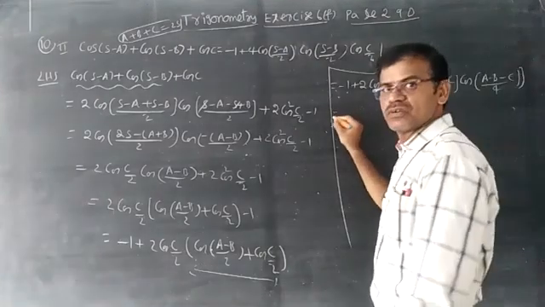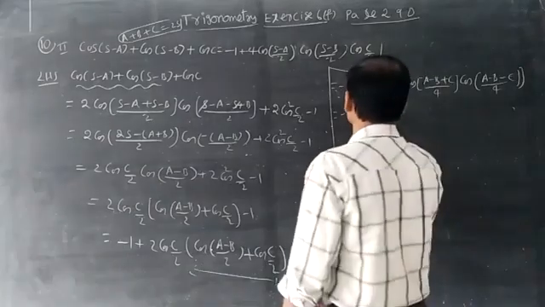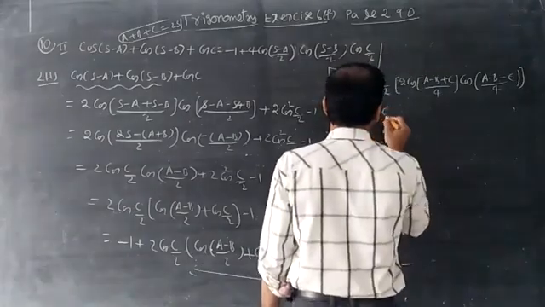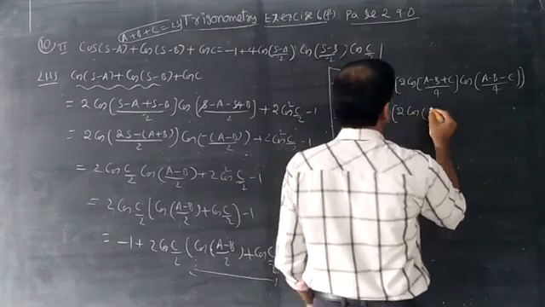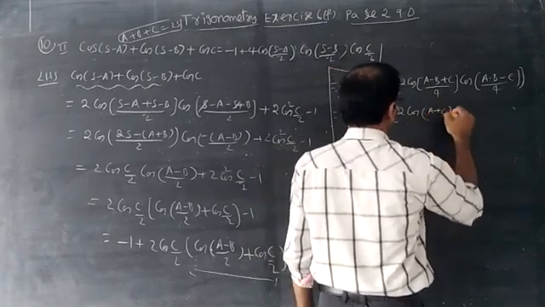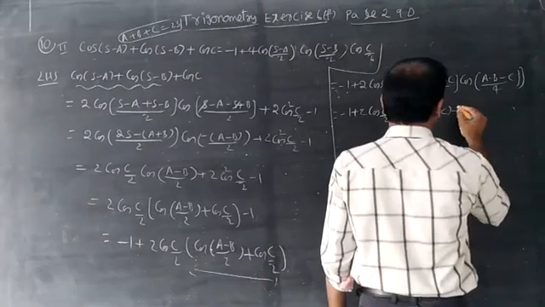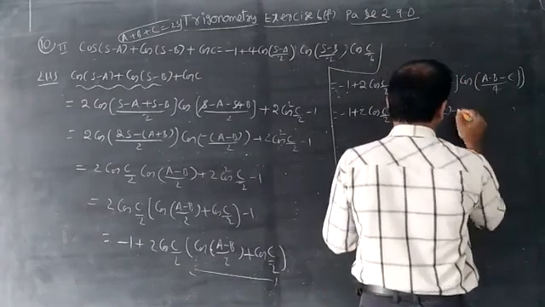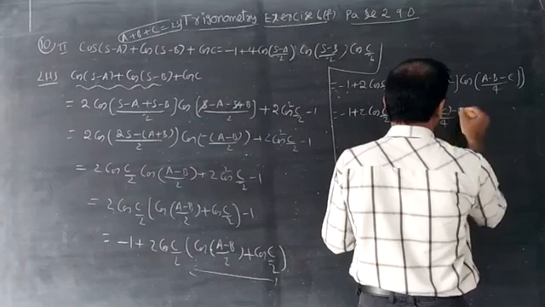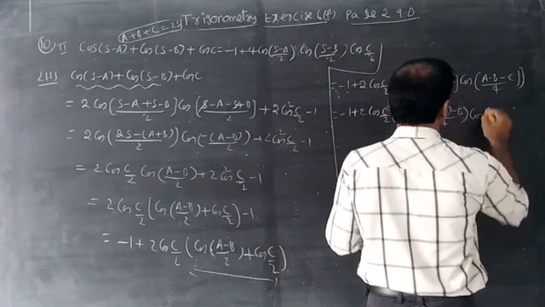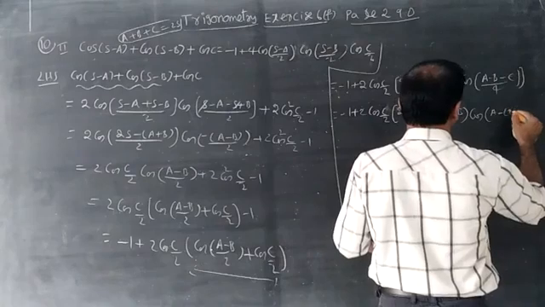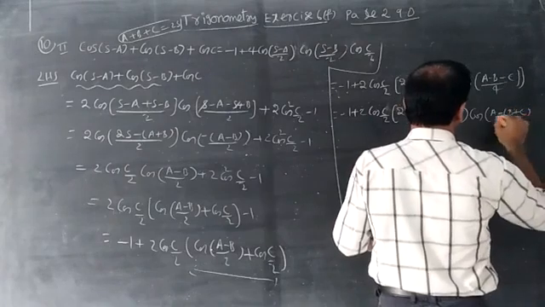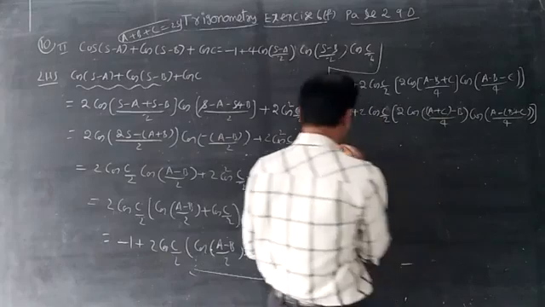That is equal to minus 1 plus 2 cos c by 2 into 2 cos of, like this, (a plus c minus b) by 4 into cos of (a minus of (b plus c)) by 4.